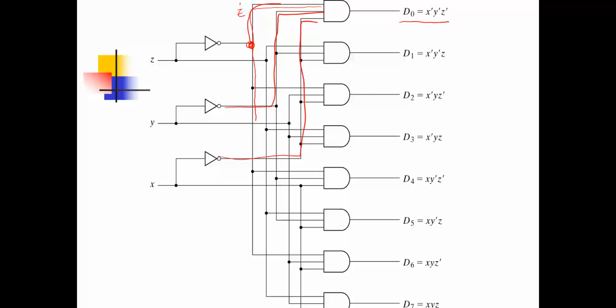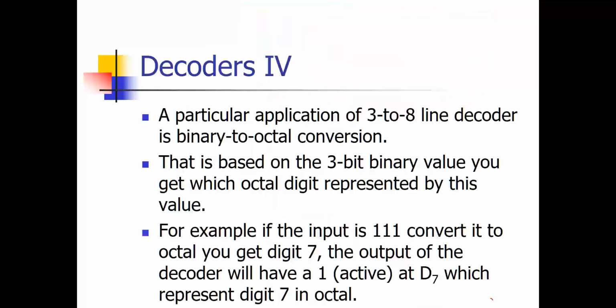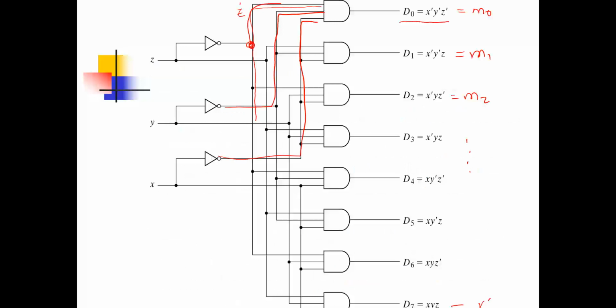So this is x prime, y prime, z prime. In fact, there is an interesting thing here: this looks like minterm 0, and D1 looks like minterm 1, and D2 looks like minterm 2, and so on, up to D7, which looks like minterm 7.